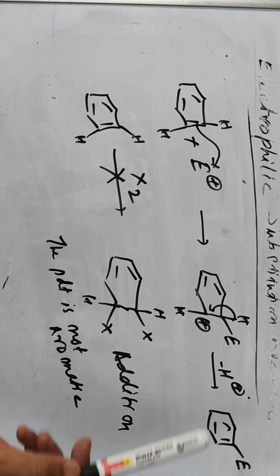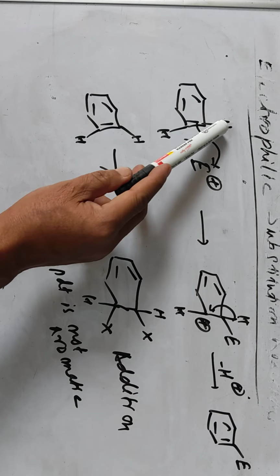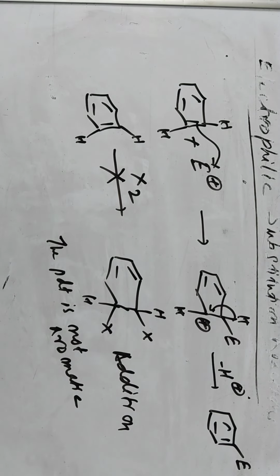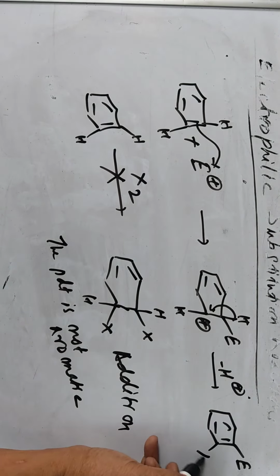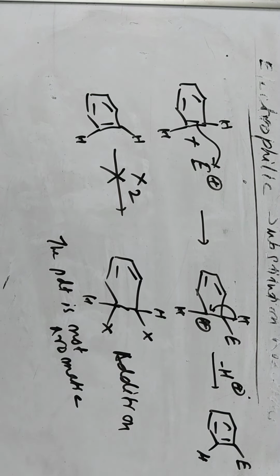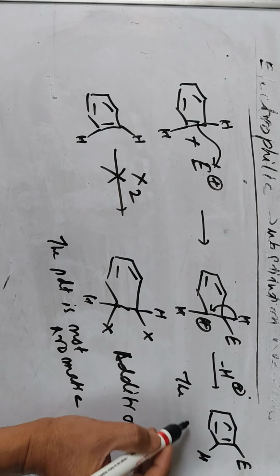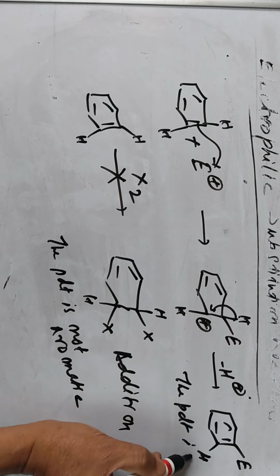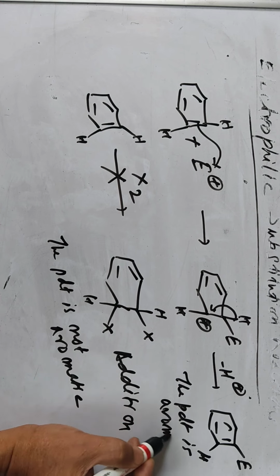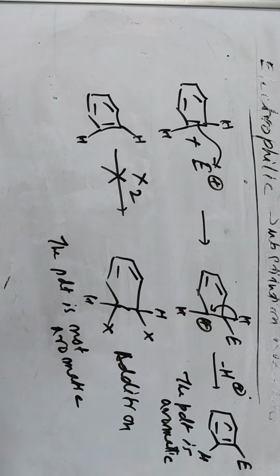But in the case of substitution, one hydrogen is replaced by an electrophile, and the substitution product is an aromatic system. In the case of substitution, the product is aromatic. That's why benzene, an aromatic system, can undergo electrophilic substitution reactions.